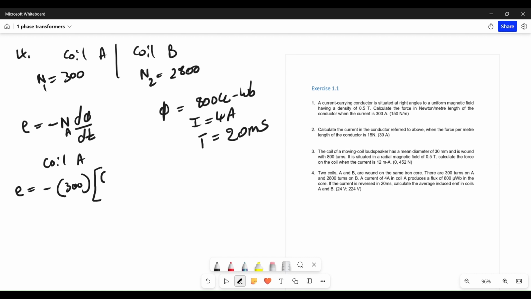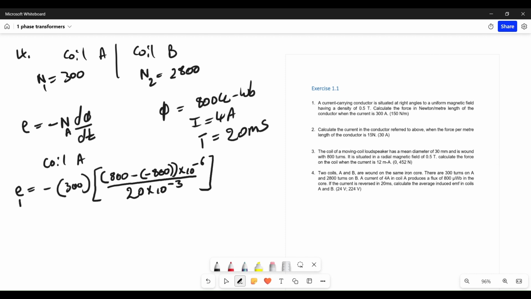This is change of flux, so it's final minus minimum. The final, which is the maximum flux, is positive 800, minus the minimum, which is negative 800, times 10 to the minus 6 because it's micro, divided by the time of the reversal, which is 20 times 10 minus 3.